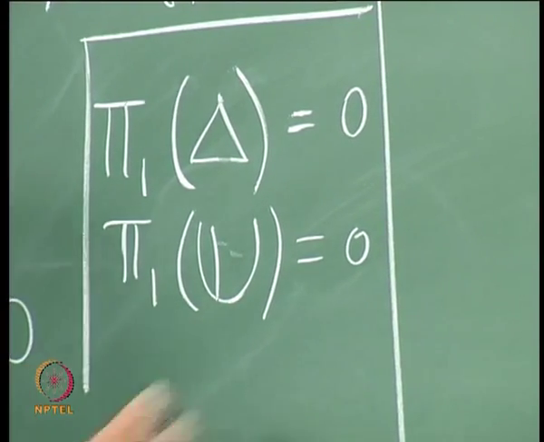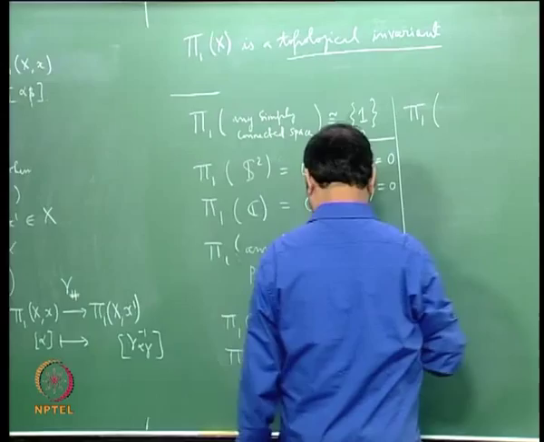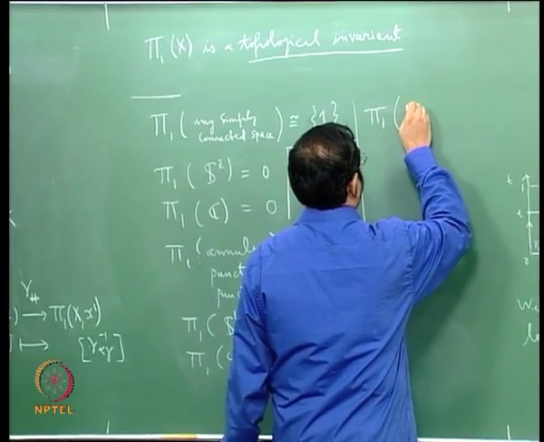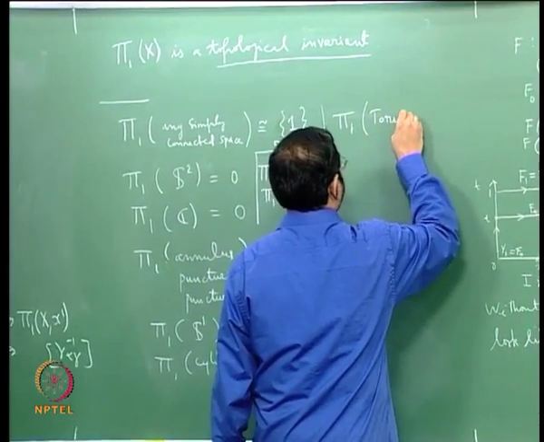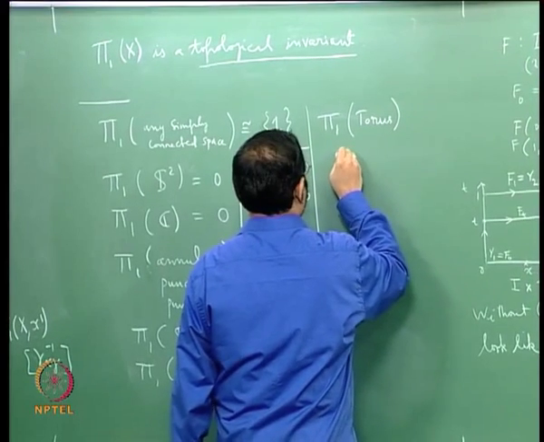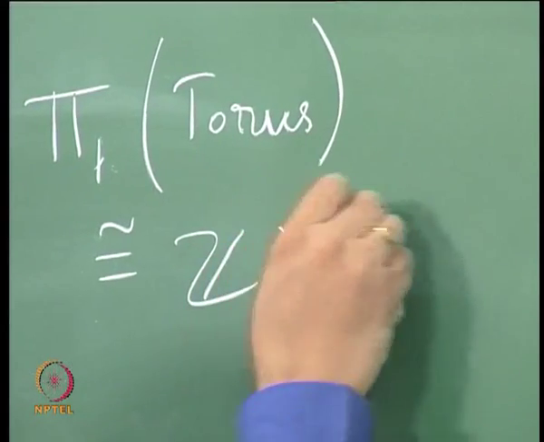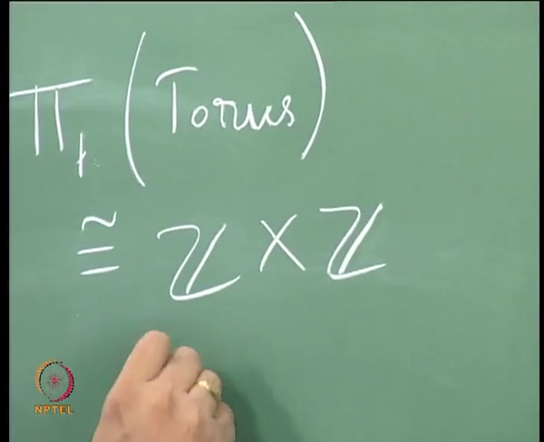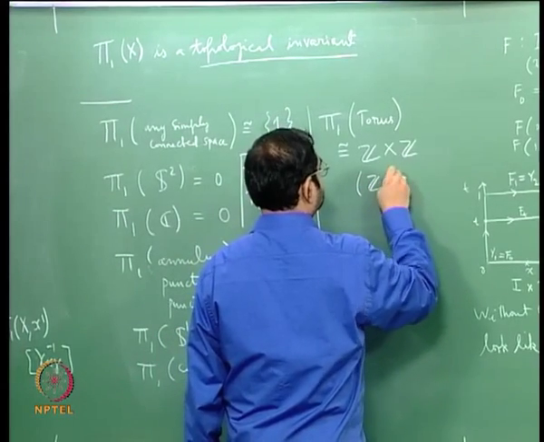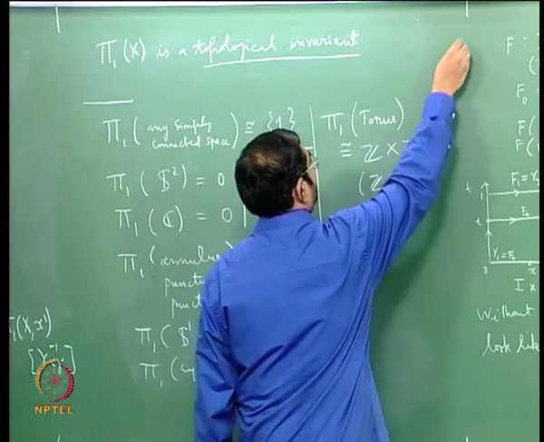And pi 1 of the torus is going to be isomorphic to Z cross Z, which is written as Z direct sum Z, okay.